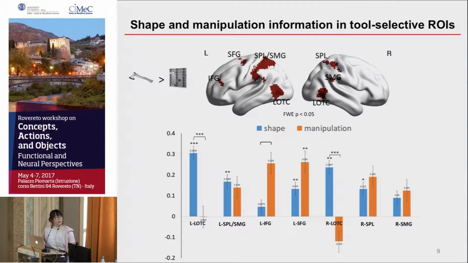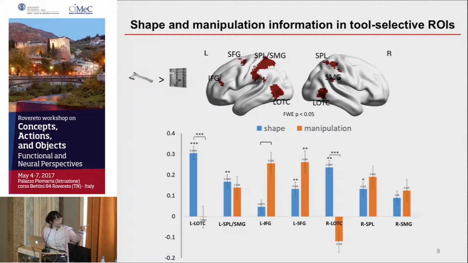We also compared the shape and manipulation information to examine the specificity of these ROIs, and we found that the bilateral LOTC regions show very high specificity to shape.